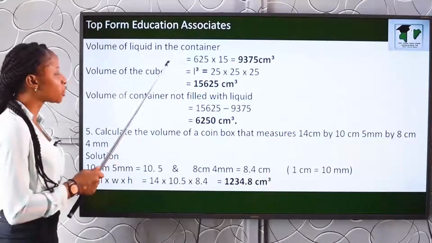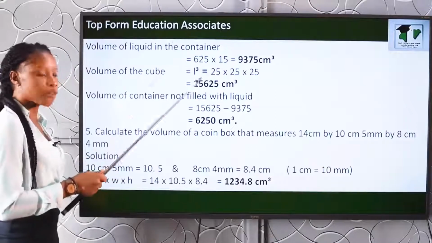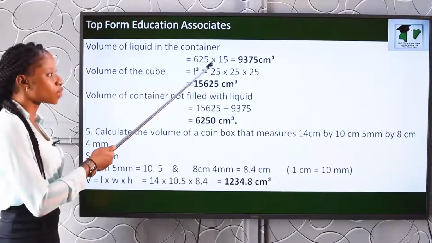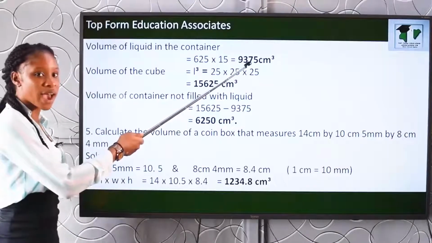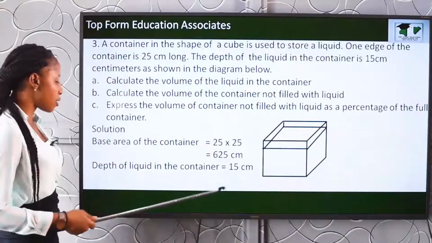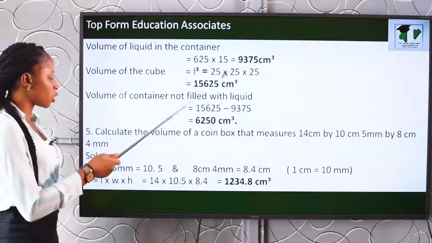When you do the multiplication, that's 625 multiplied by 15, we have 9,375 centimeters. So we've gotten the volume of the liquid in the container.